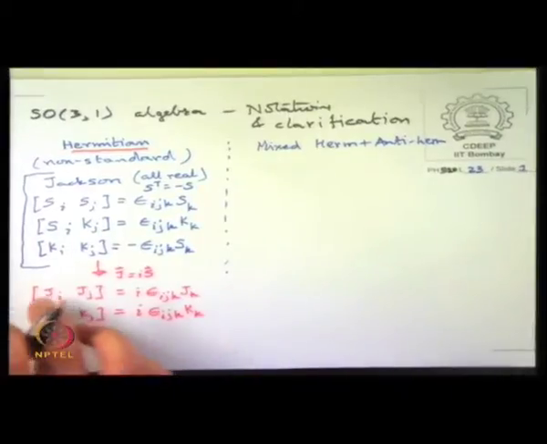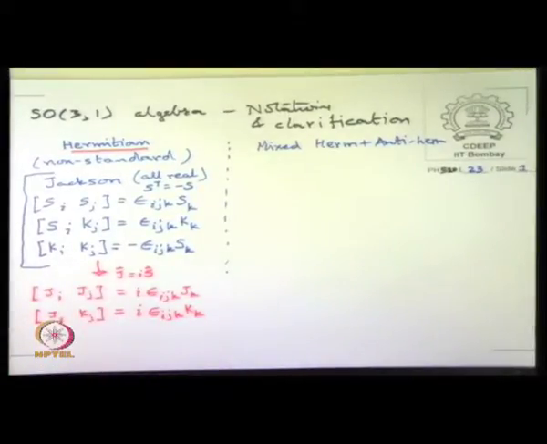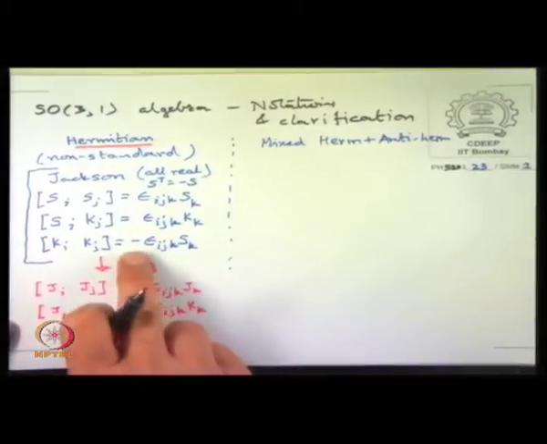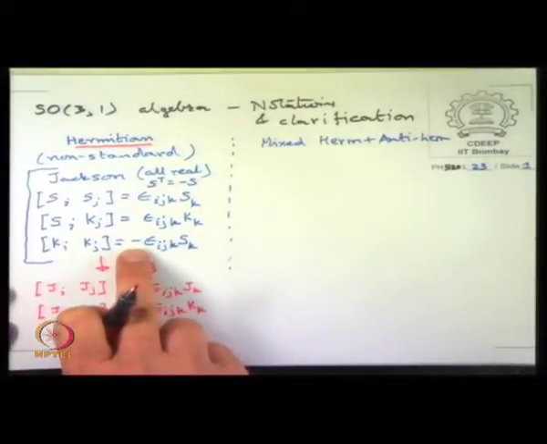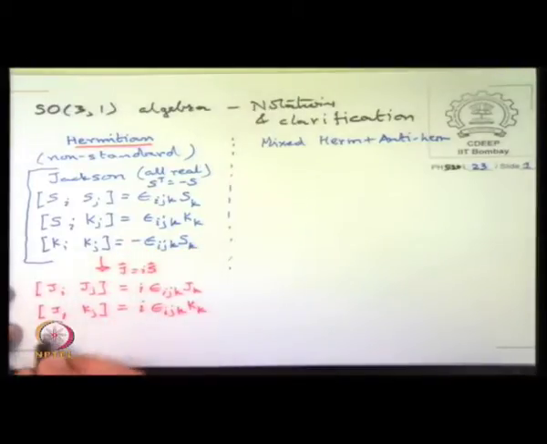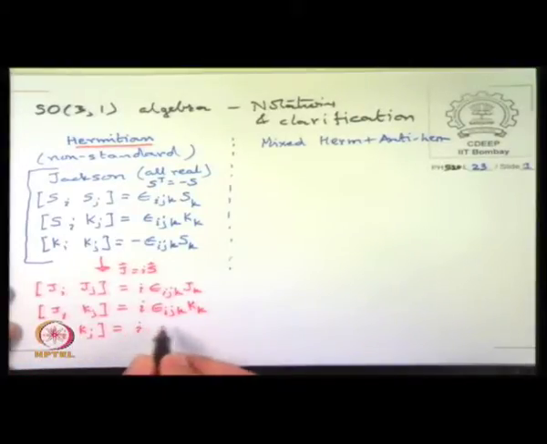And finally in the last line I supply nothing, but I split the minus sign into I and I, and put one I into S. So it will just become K_i K_j equal to I epsilon_ijk S_k.